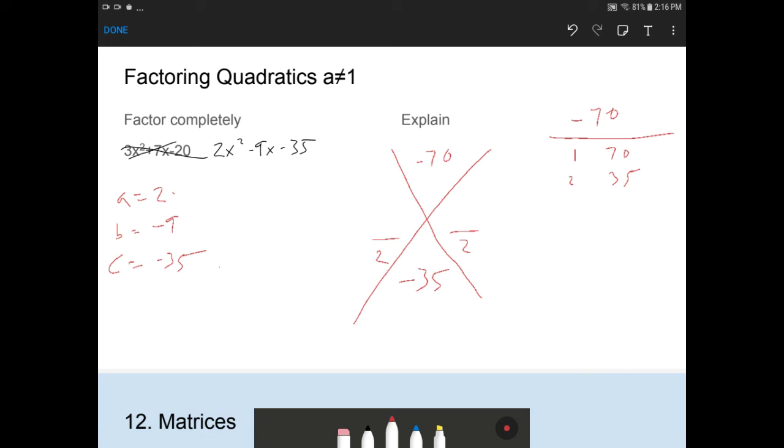So 5 and 14. 70 and 7 will work. 7 and 10. 70 and 8. 70 and 9. Huh.